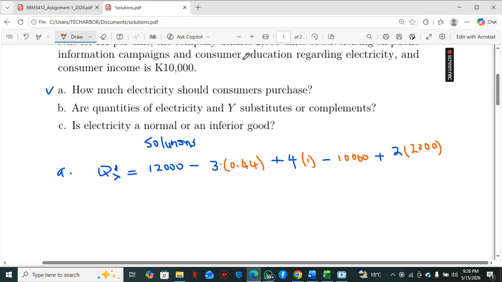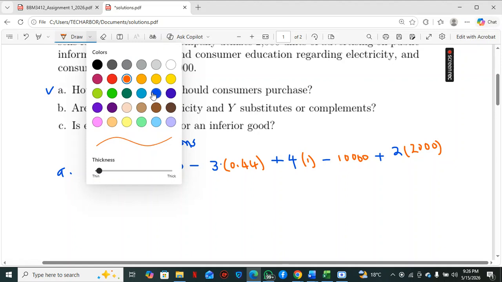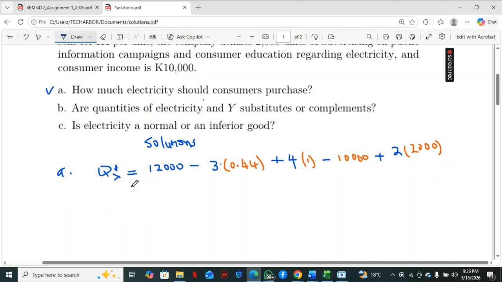So we need to find the value, how much electricity consumers should purchase. So we have got 12,000 minus 3 multiplied by 0.44.